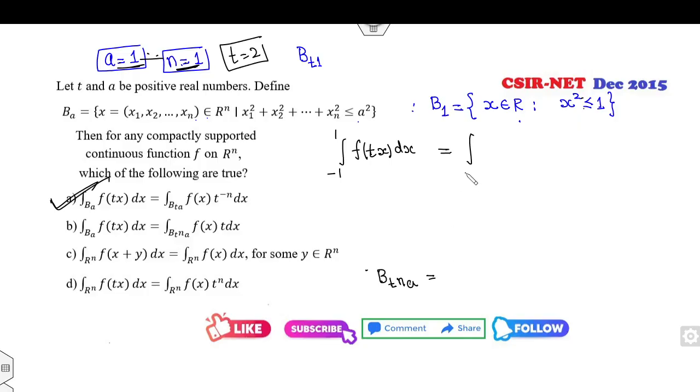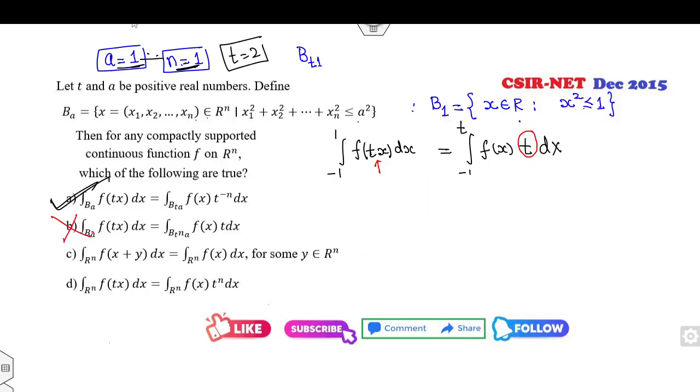This is basically B of t, minus t to plus t, f of x into t dx. Are they equal? No, because if you consider this is my y, then dx will be dy divided by t, but it is written in the numerator. So this option is also cancelled.